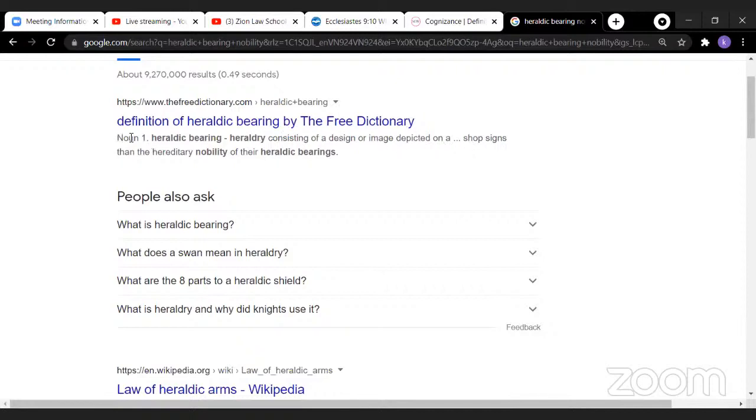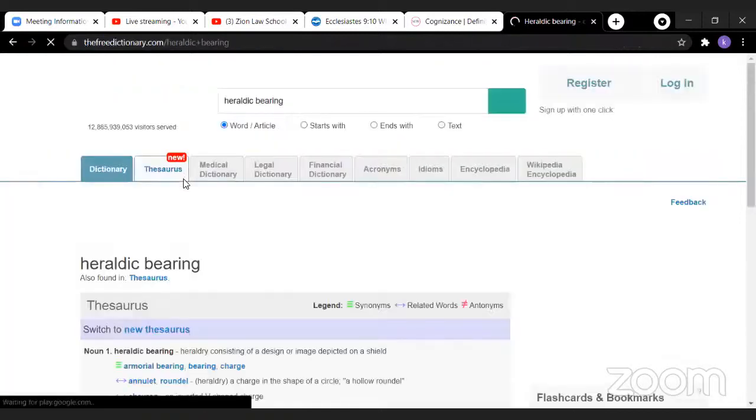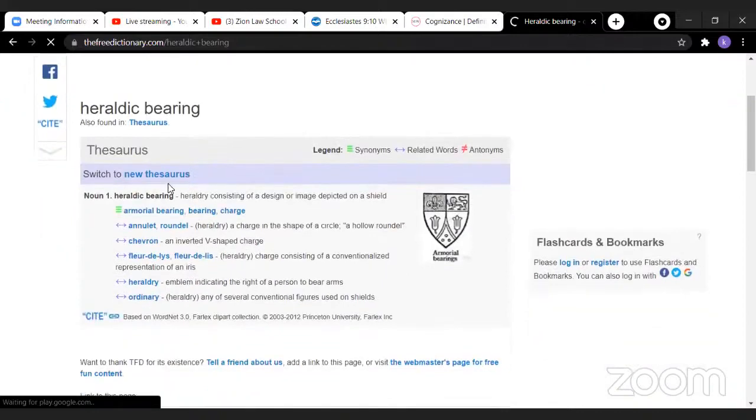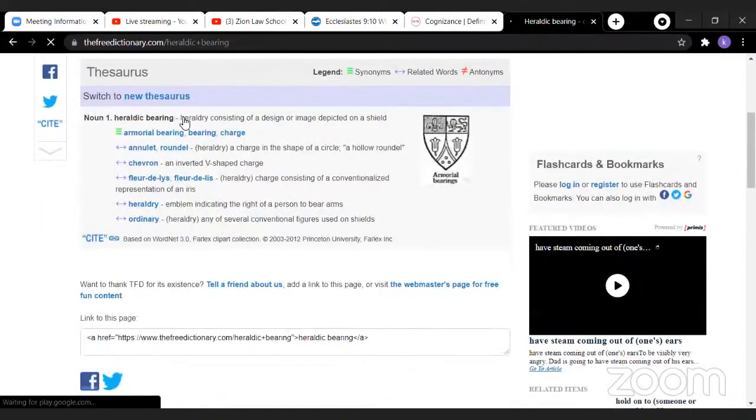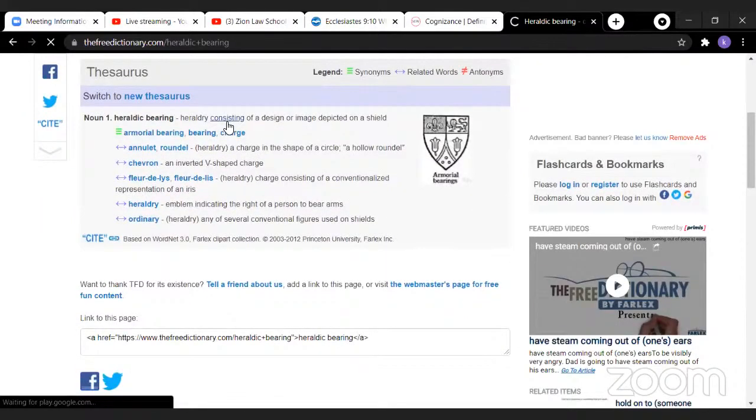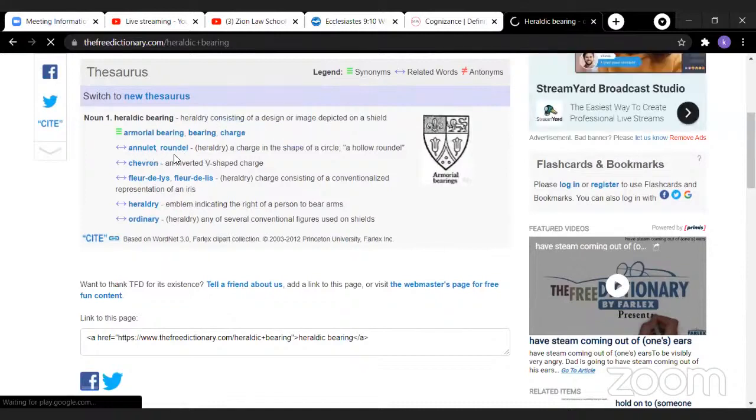Oh, okay. So let's look at this one. Heraldic bearing. Heraldry consisting of a design or image depicted on a shield. A rondel, a charge in the shape of a circle, a hollow rondel, chevron, an inverted V. So when we see these things on the shield, that's what they mean, right?